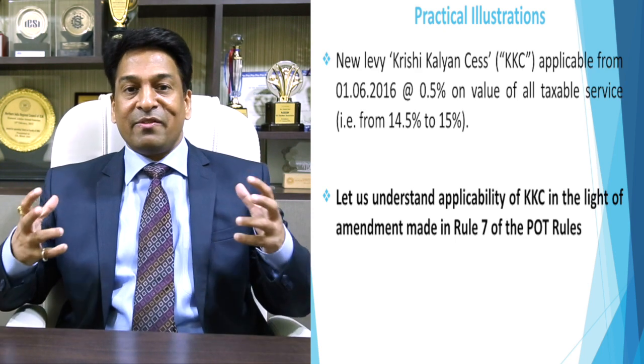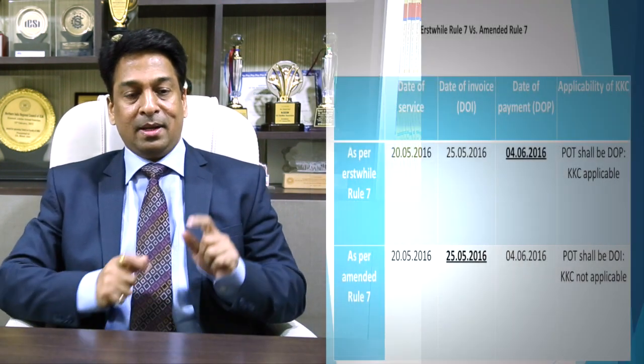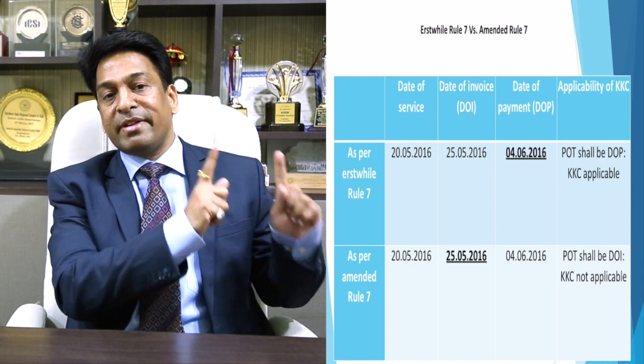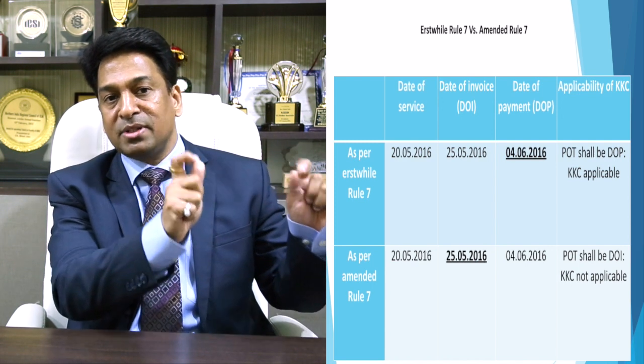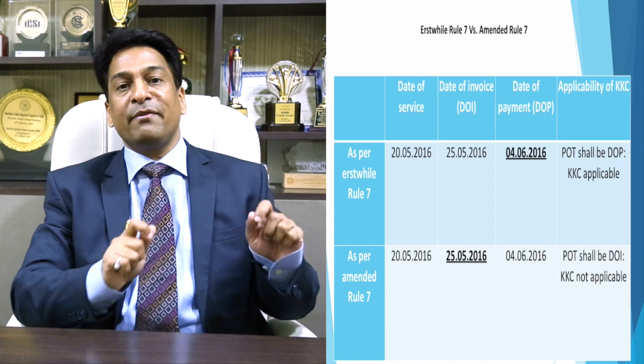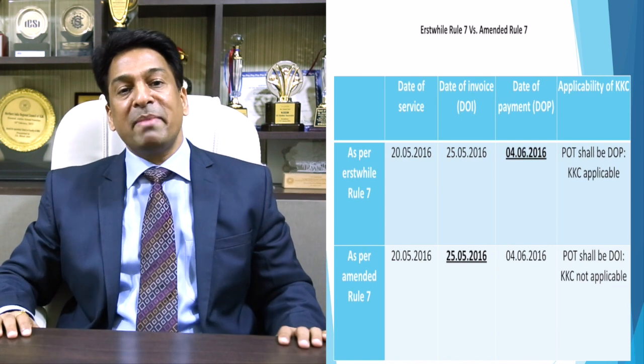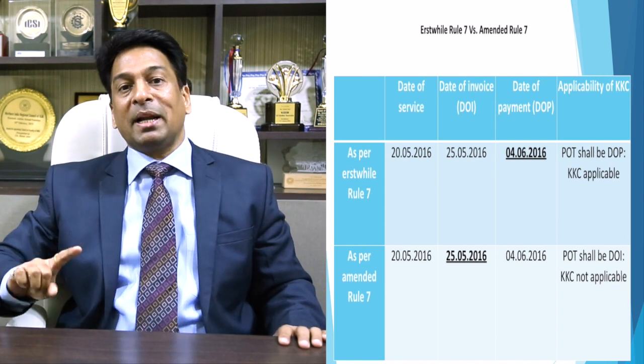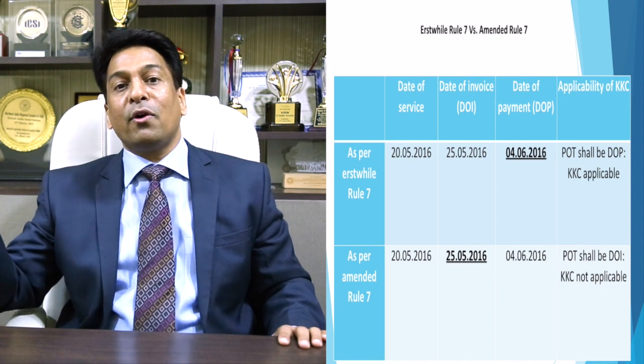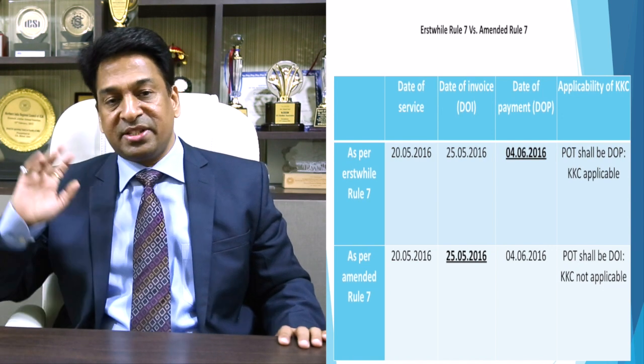So effectively we have to work out and understand. Let's say service rendered on 20th May 2016, invoice raised on 25th May 2016, but payment is made on 4th June 2016.